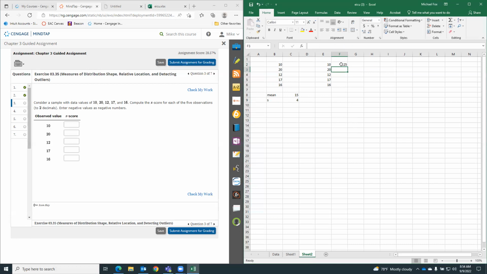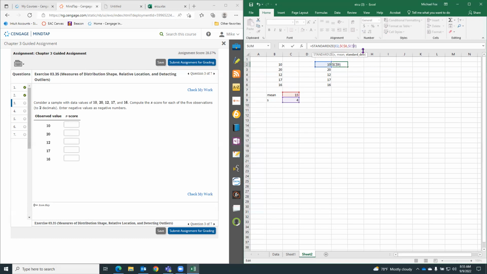We can input that same function over and over for each of these, or we can use Excel's fill function to fill the formula down. The problem is if we do that, we want it to move down to each X, but we don't want it to move where it pulls the mean and standard deviation from. So if we want to make this as easy as possible, we can use the dollar signs on either side of the C for mean and on either side of the C for standard deviation.